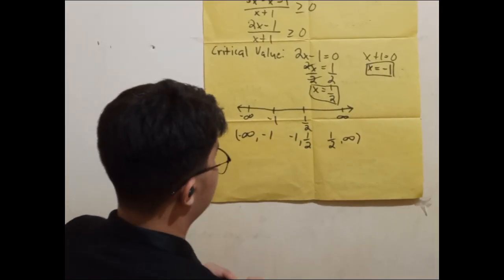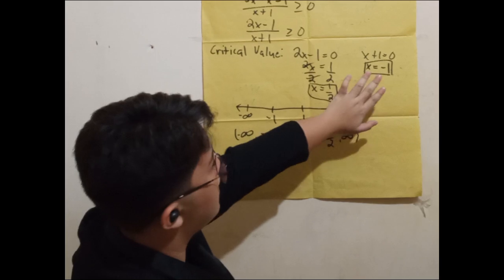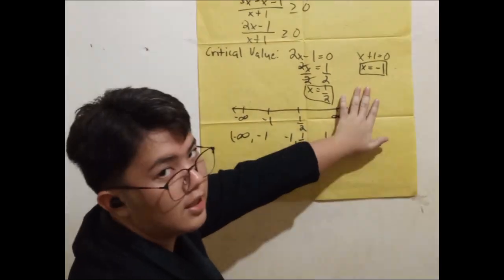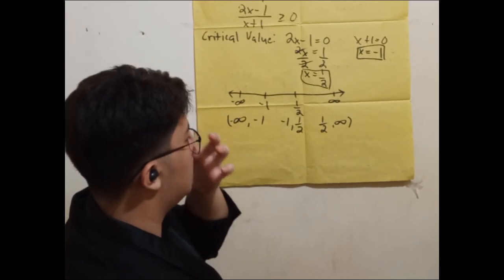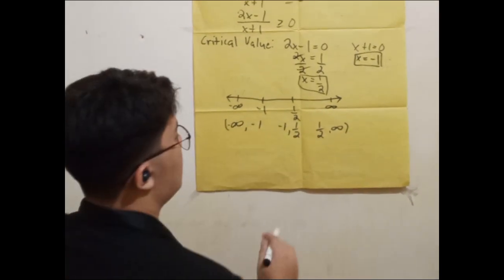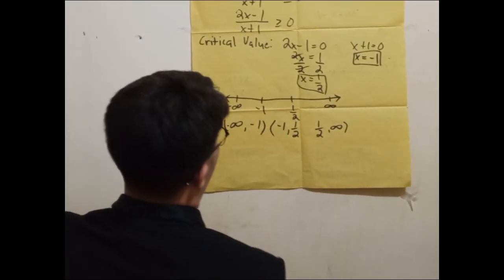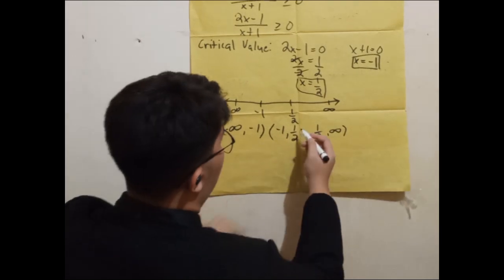And now, negative 1, which comes from the denominator: the guidelines say that a denominator value should always be in parentheses, but a numerator value should be in brackets.